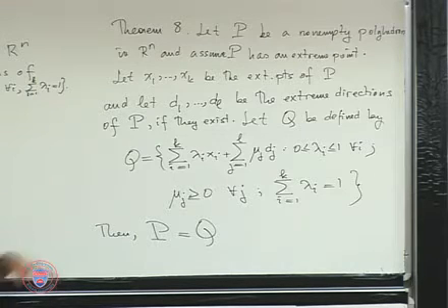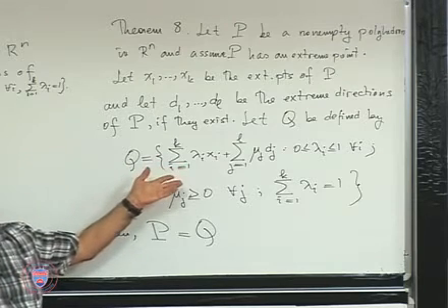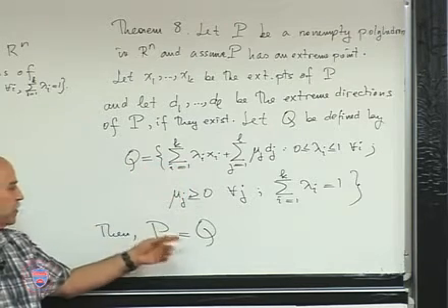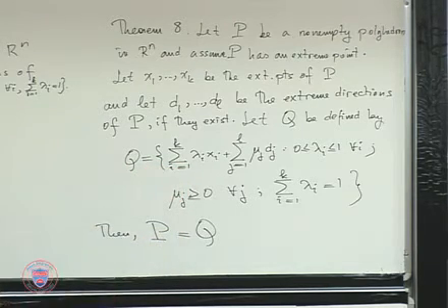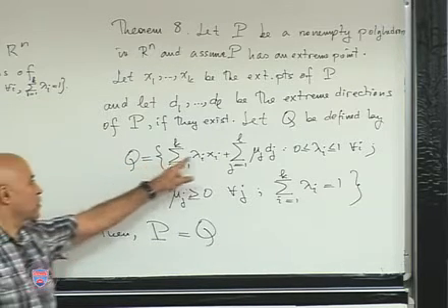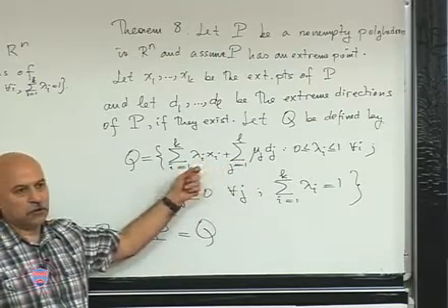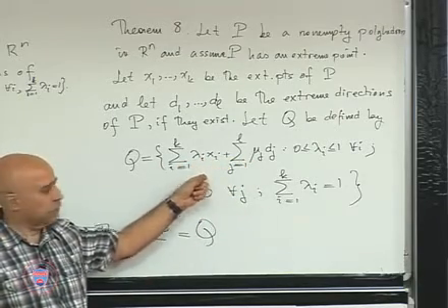It has nothing to do with these extreme directions. Well, it has something to do, but the definition of P is in terms of half spaces and hyperplanes. But then this definition Q is in terms of extreme points and extreme directions. So we're in a different domain now. Okay?